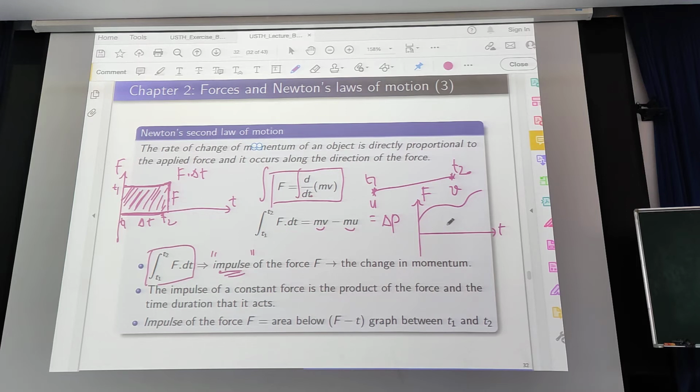In this case, the impulse of the force from T1 here to T2 here, the change of the momentum between T1 and T2, is the area below the graph of F and t. This gives you the delta P. Similarly as before, you get the velocity-time graph, and then you get the distance.